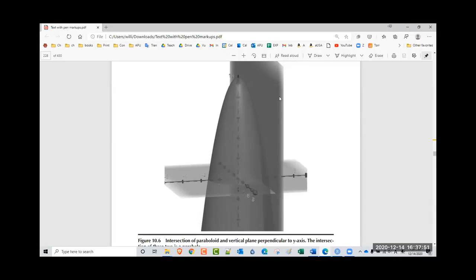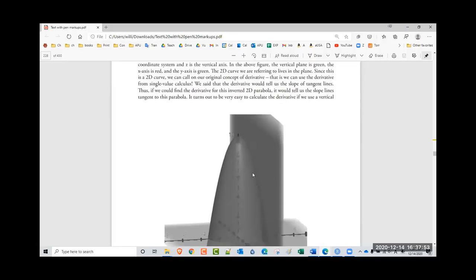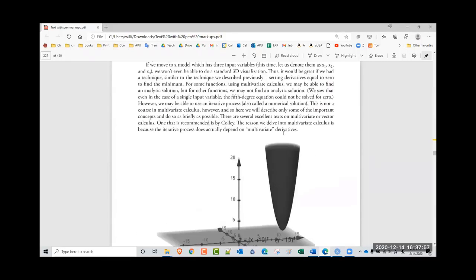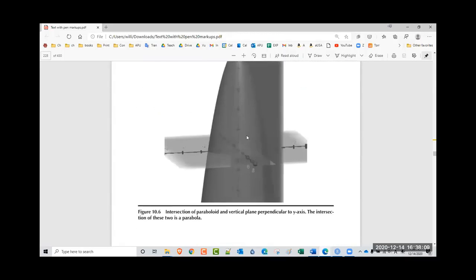What if I take this plane and I cut this? By the way, these kinds of curves are called paraboloids. It looks like a parabola, but it's 3-dimensional. It's called a paraboloid, okay? And this is also a paraboloid.